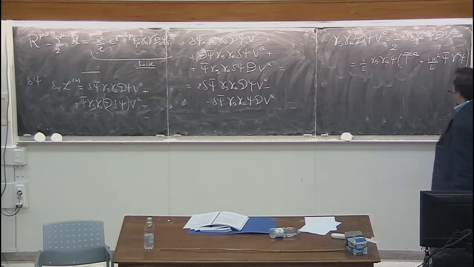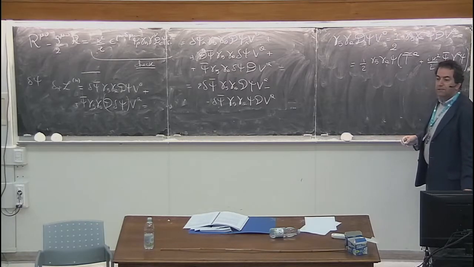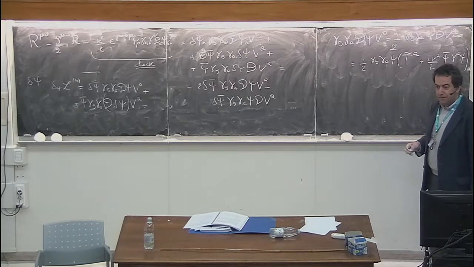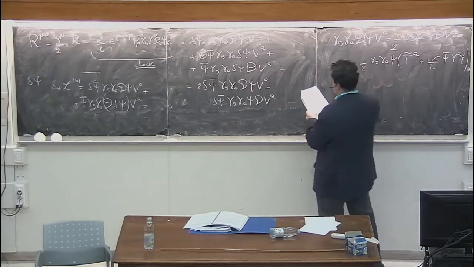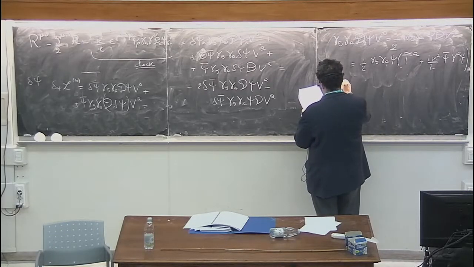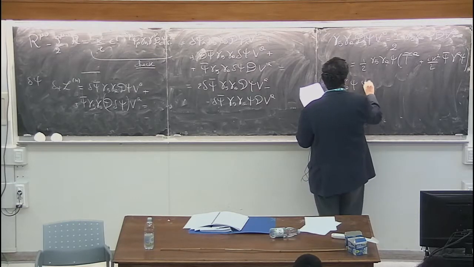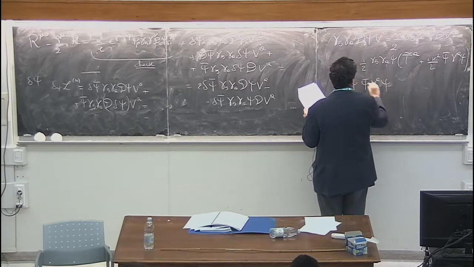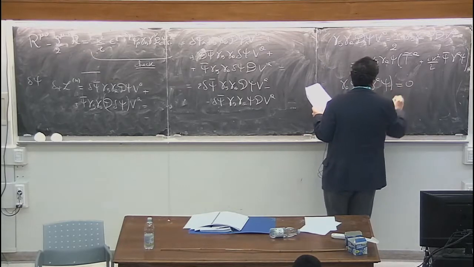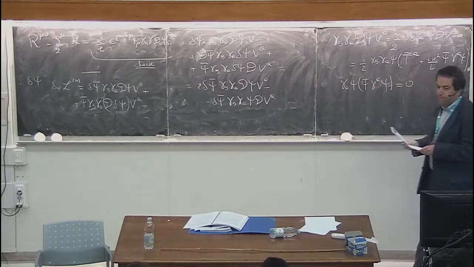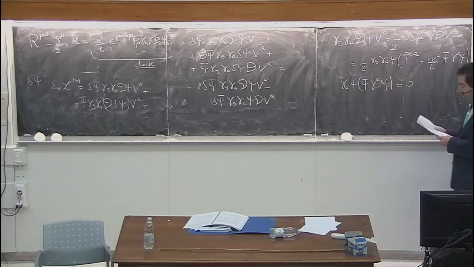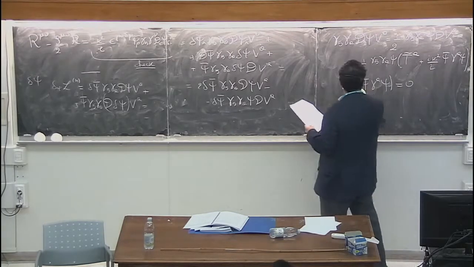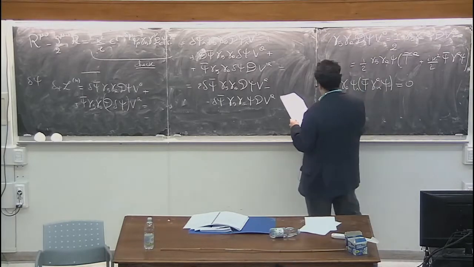Now, there's a Fierz identity, which you can easily prove, and is the following. Gamma a psi, psi bar gamma a psi, that is equal to 0. There are wedges all around.